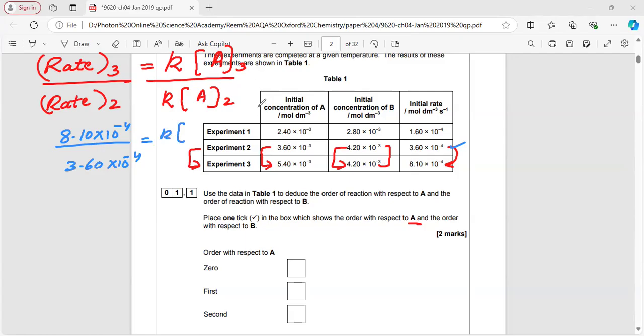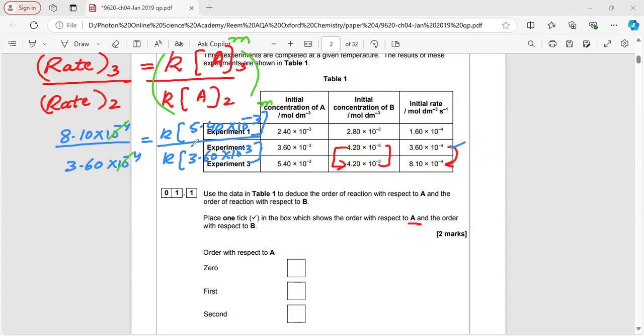For A3, this is 5.40 into 10 raised to power minus 3, and for A2, 3.60 into 10 raised to power minus 3, since the data is given here. And here I will put small m that represents the order.